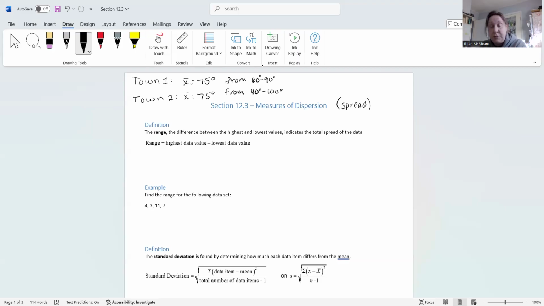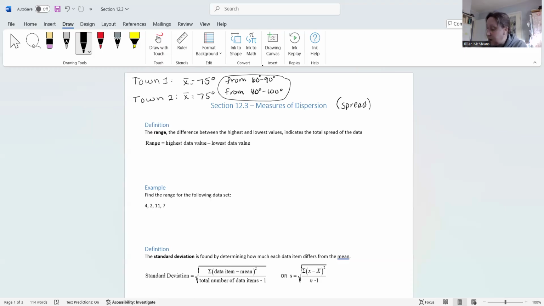And that averages out to be 75 degrees a year. However, town two has much lower temperatures for their cooler season. They get lows in the 40s, and they have higher temperatures in their hot season, so temperatures around 100. Again, this averages out to be 75 degrees. So what we're going to look at for the sake of this video is this information right here. We want to look at the spread of the data set.